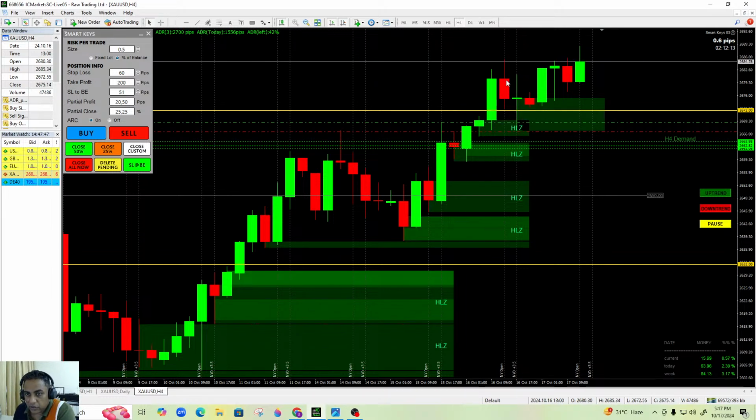There's a drop here, there are two basing candles and a rally. So leg in, two basing candles, and a leg out. That's the demand level.